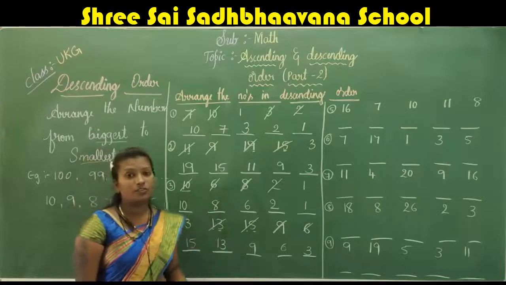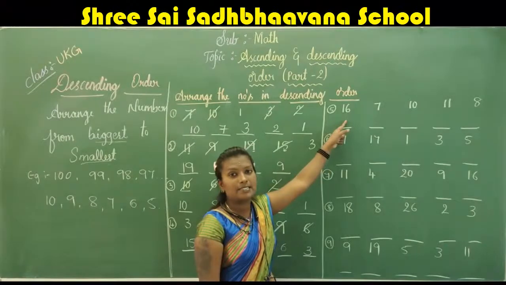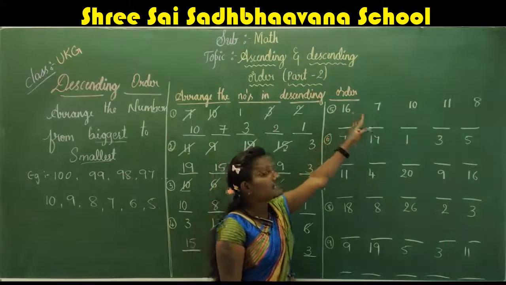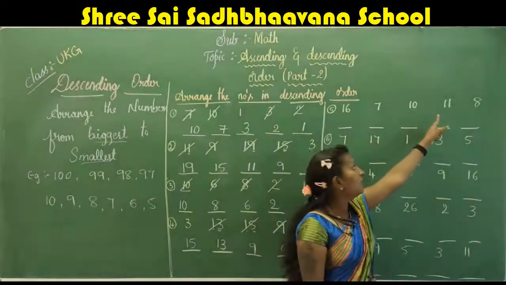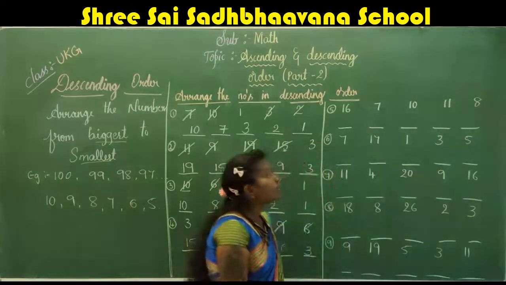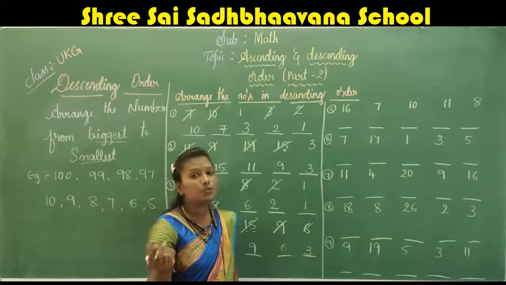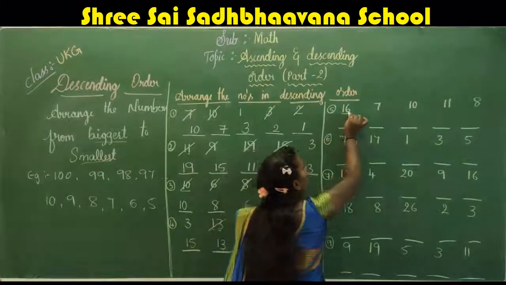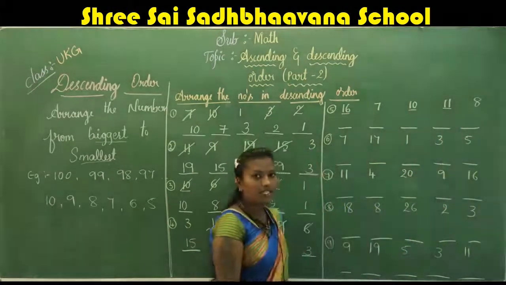Now we'll go for the fifth one. Children, fifth one. What number is this? This number is 16, 7, 10, 11, 8. So here, which is the biggest number? Okay, let me think two-digit number. So here number 16, 10 and number 11.